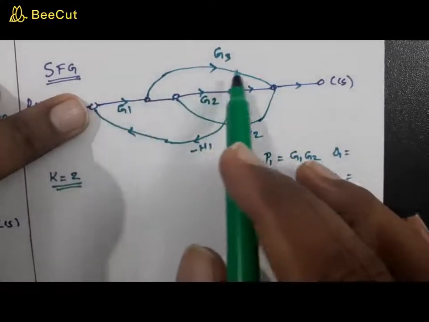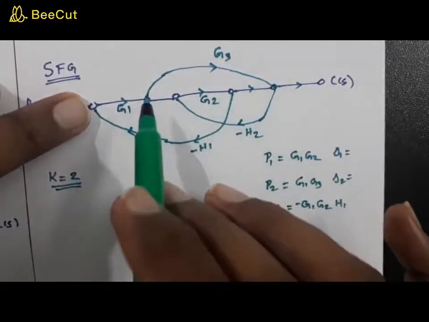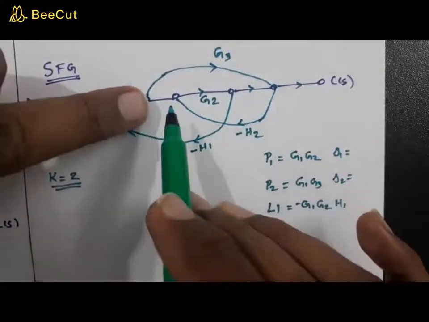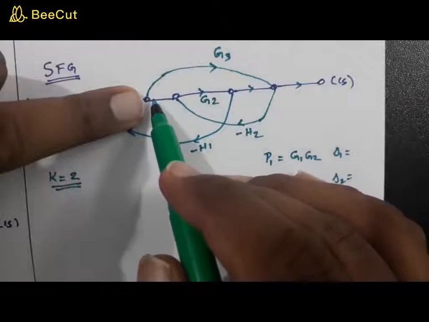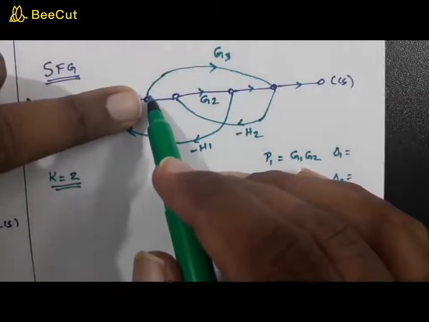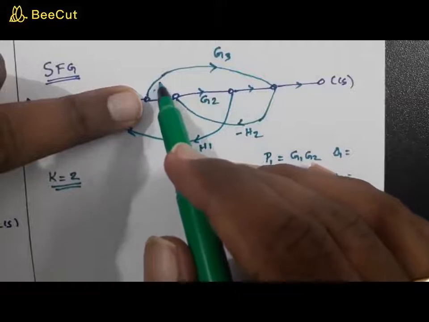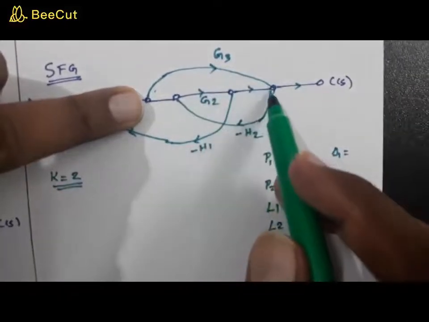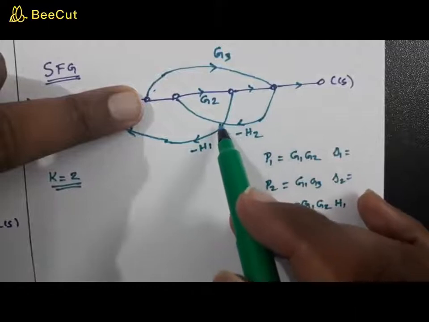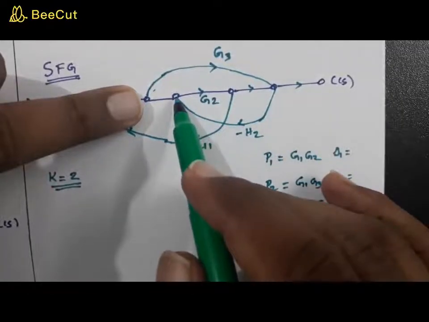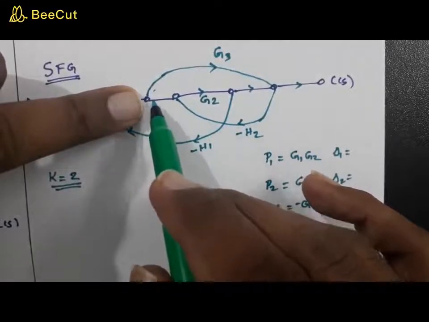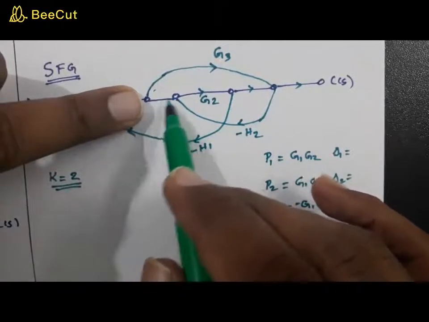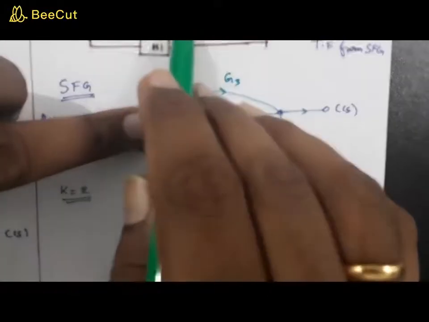What about this? Is there any provision to reach here? No. Okay, so you can leave this node and come to this node, and allow a signal to pass through this. Is there any provision to get the signal? See, G3, and it comes over here, minus H2, and that's not coming over here. Now this is why I told you that you should represent this point and this point as two dots.